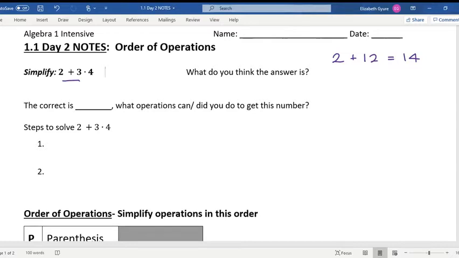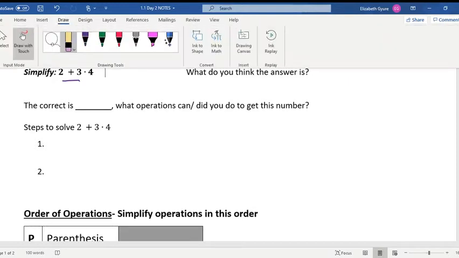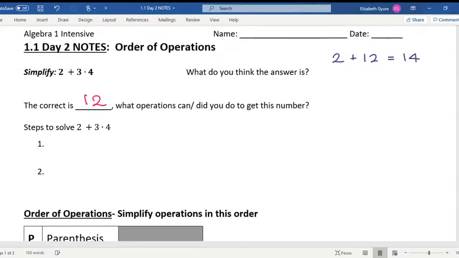The issue with that is the order of operations tells us that we need to multiply or divide first, okay? That's just one of those rules. So we need to first multiply 3 times 4.